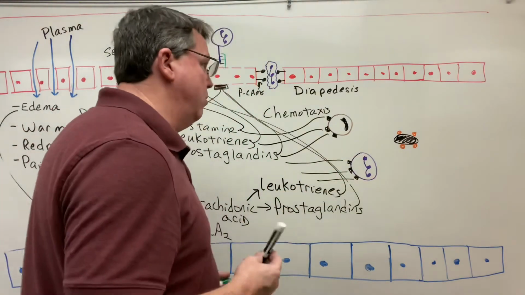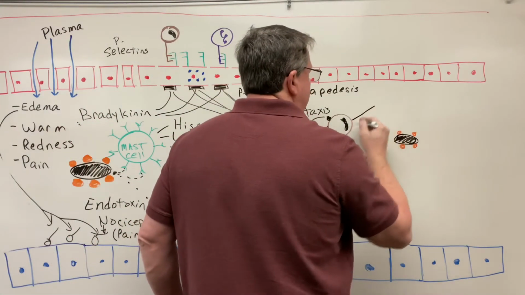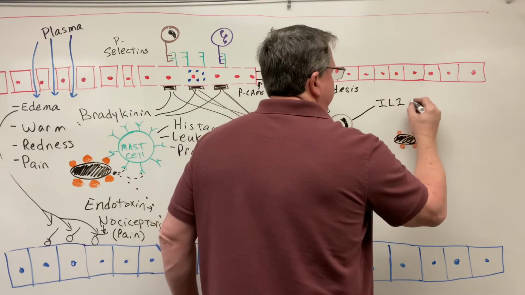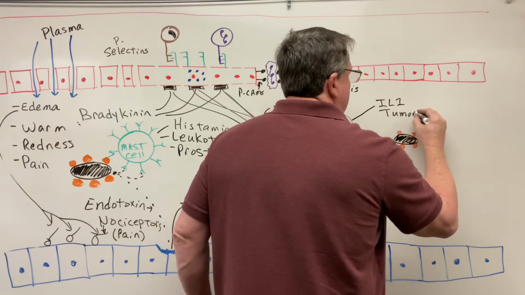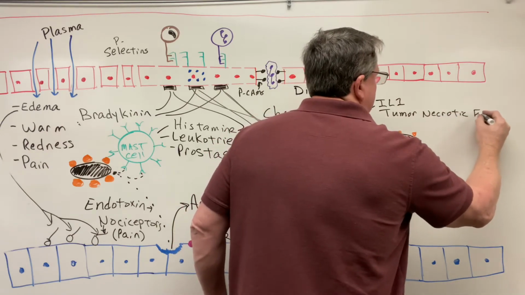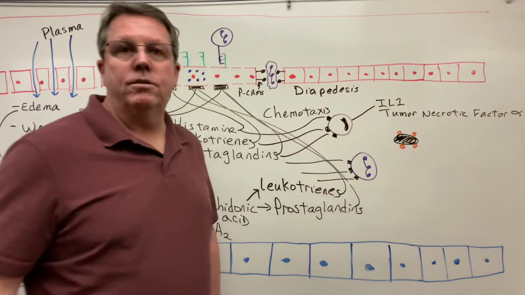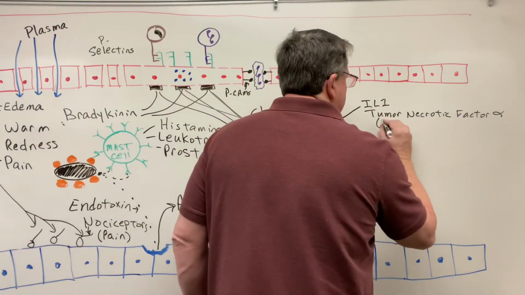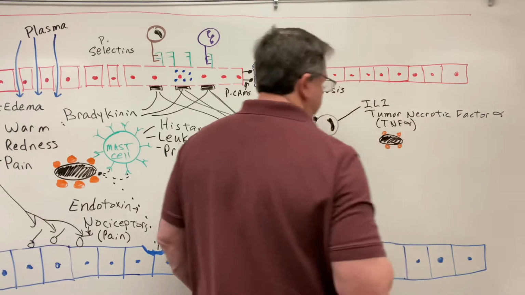The first thing it's going to do is it is going to release, my monocyte is going to release something called interleukin-1 and tumor necrotic factor alpha. Okay, so it's going to secrete tumor necrotic factor alpha. We call this TNF alpha for short.